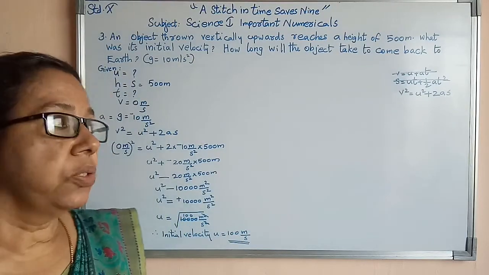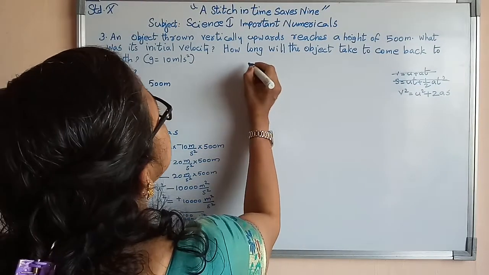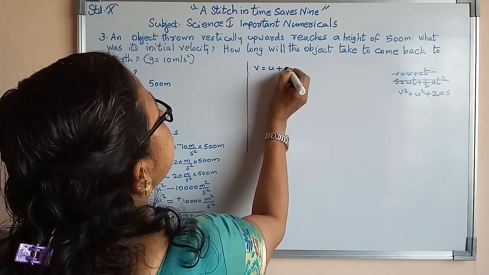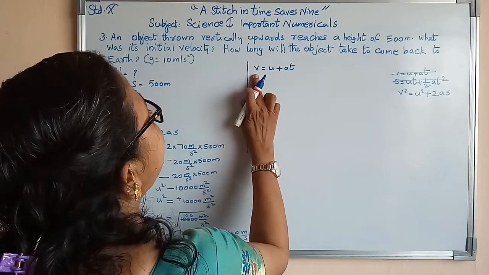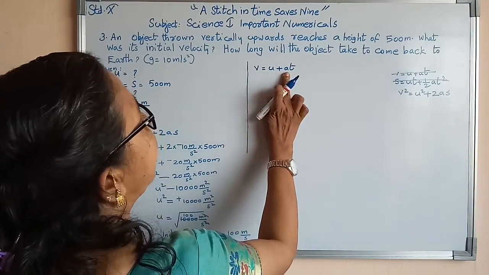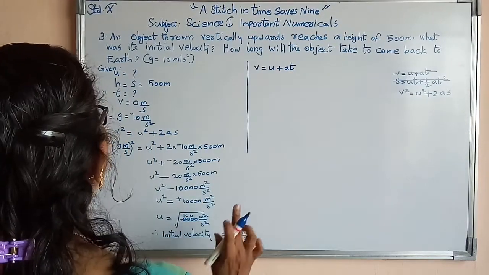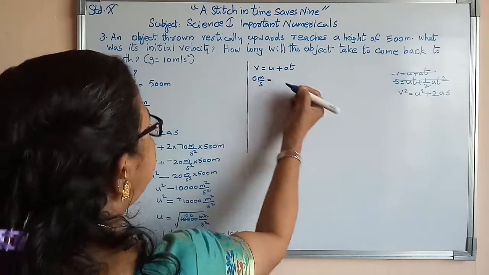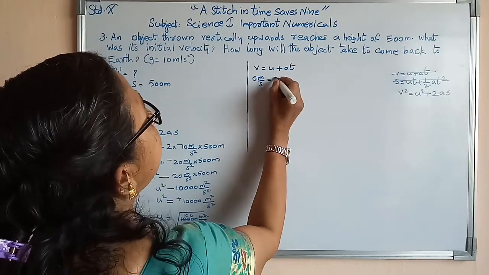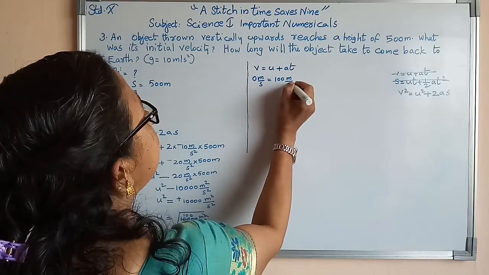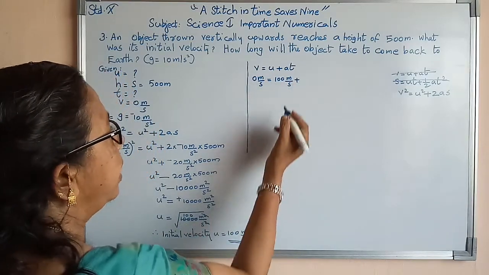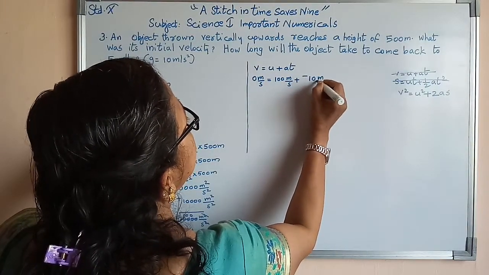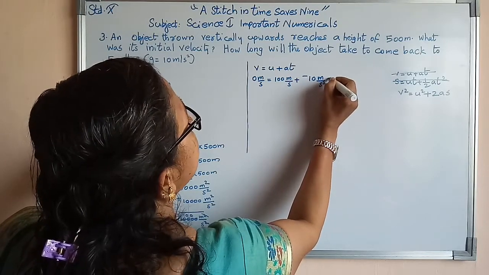Now we have to find out the time taken for going up as well as for coming down. So for finding t, we have one formula with us, that is v is equal to u plus at. Here value of v we are having, u we are having, a we are having, t we have to find out. V is equal to 0 meter per second, that is equal to u we have found, that is 100 meter per second plus, now value of g, that is minus 10 meter per second square into t.